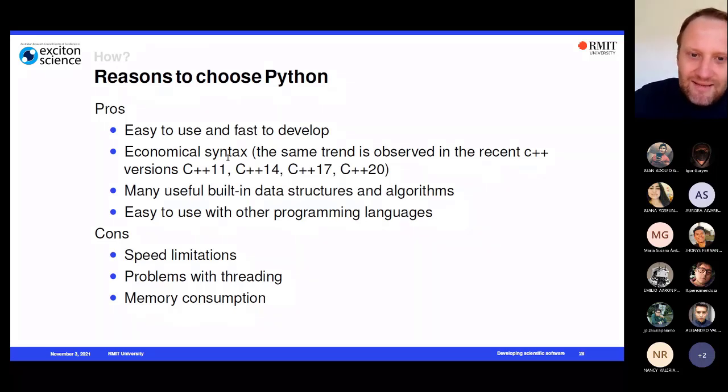It tries to guess what you want based on the data which you provide for the variable. And I was amazed to see that in C++20 they implemented import. Import is the way Python can be extended, how Python uses modules.